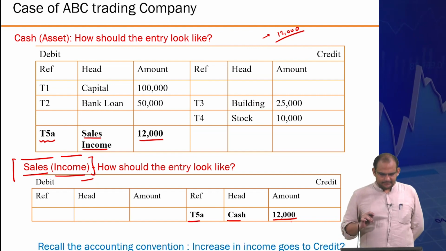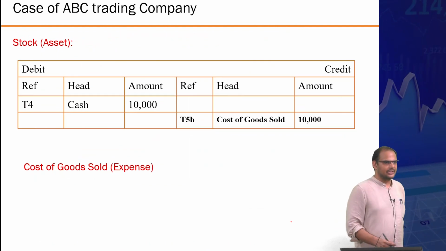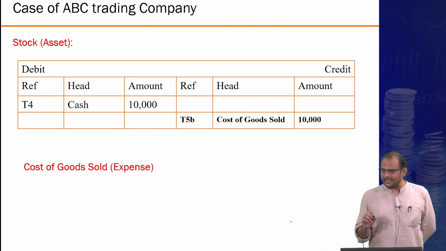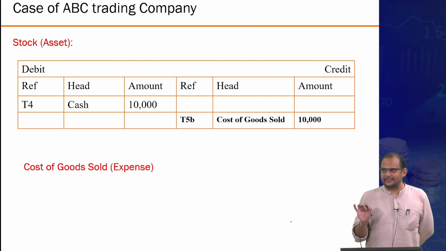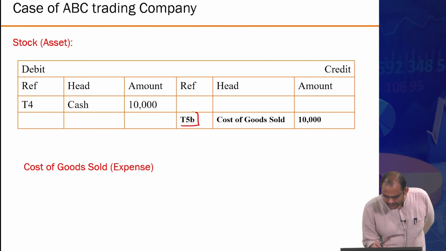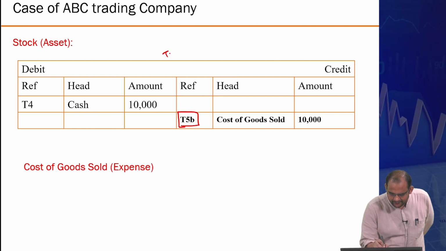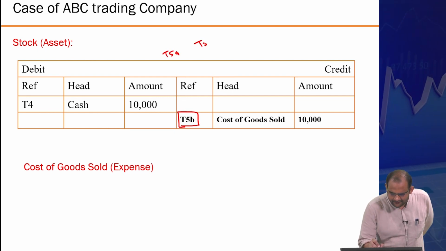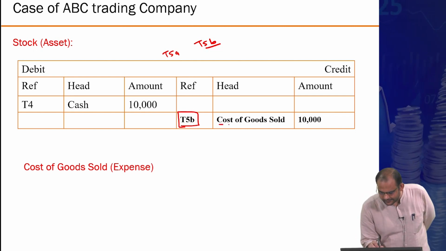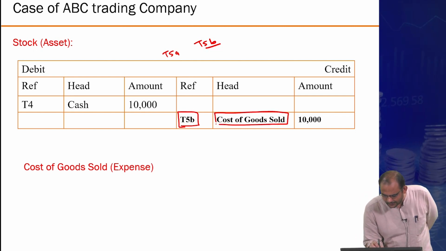But there's something that also happens to the stock. Right? Stock is depleted by how much? 10,000 rupees. So this whole transaction is recorded into T5A and T5B types. This B is a new account, which is cost of goods sold.